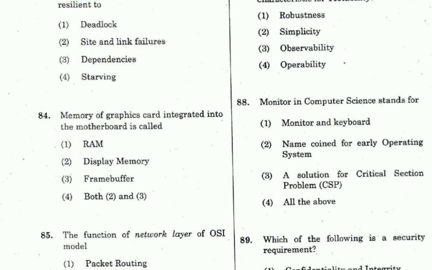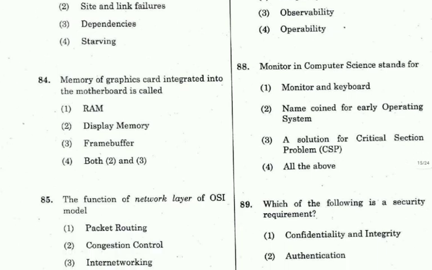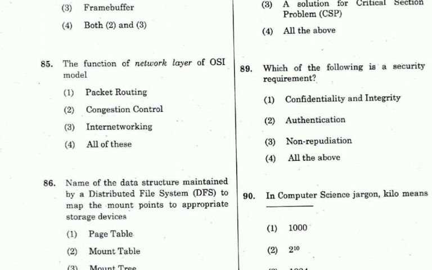Monitor in computer science stands for. So monitor is a solution for critical section problem. That is option 3 is the correct answer. Which of the following is a security requirement?